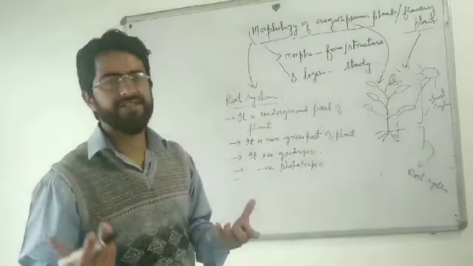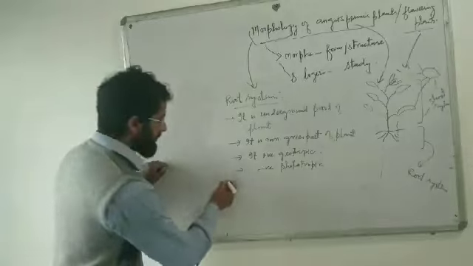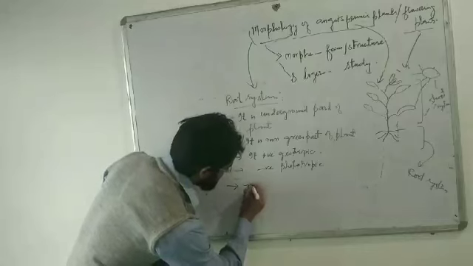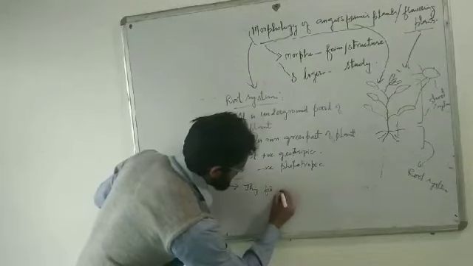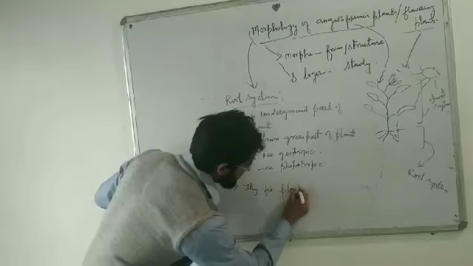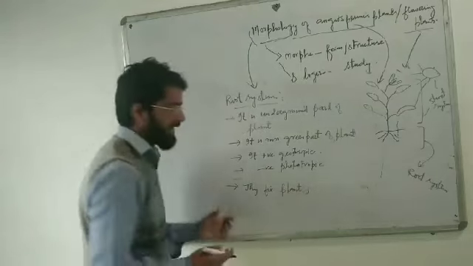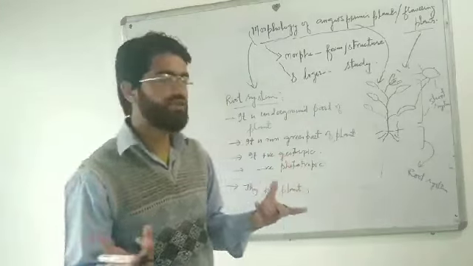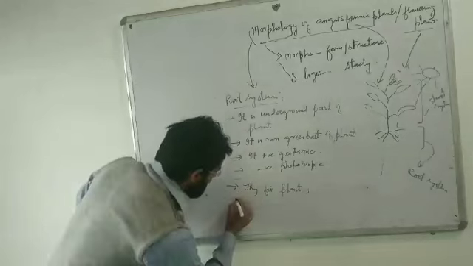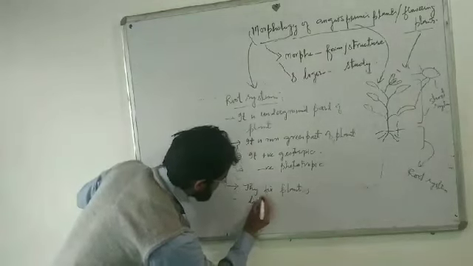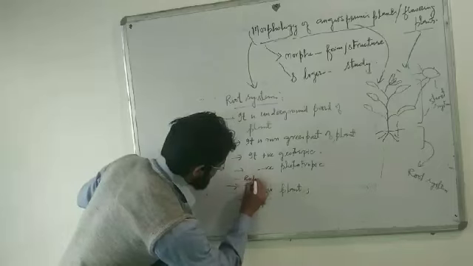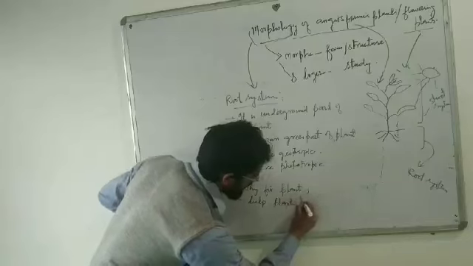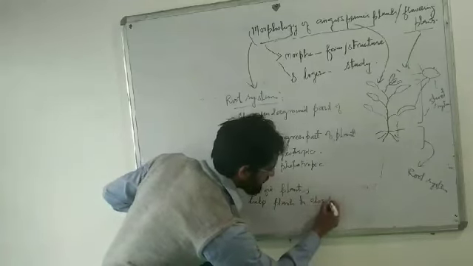What are the functions of the root system? Primary functions of roots: they fix plants, that means they help the plant to withstand at a specified position. Second, they help plants to absorb water.